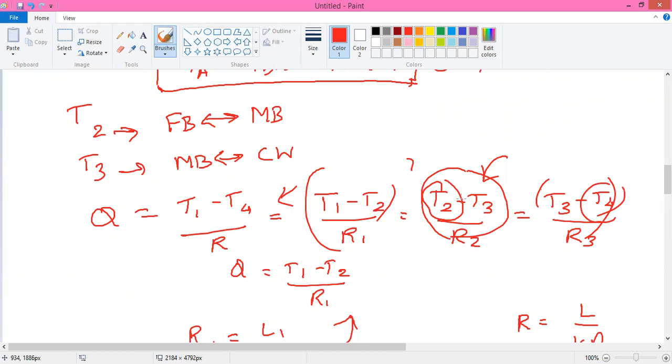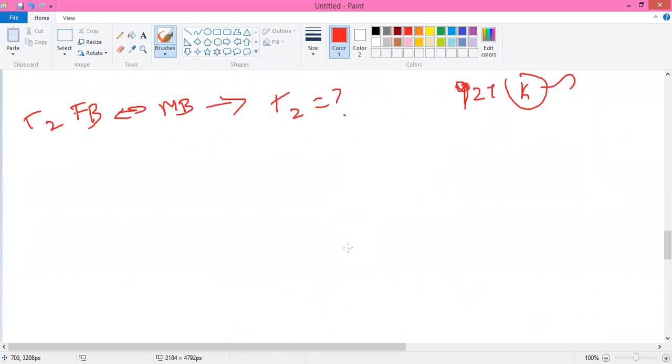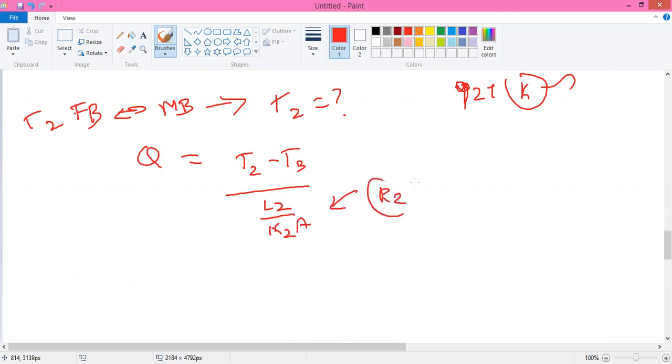Similarly we use this equation: Q is equal to T2 minus T3 divided by L2 divided by K2A, where L2 divided by K2A is R2.